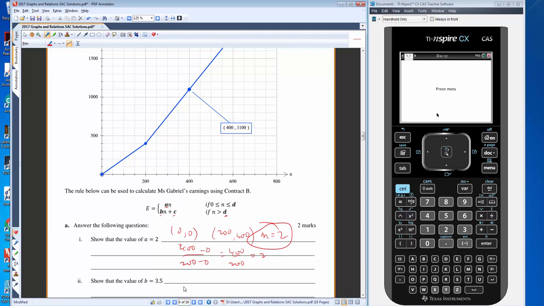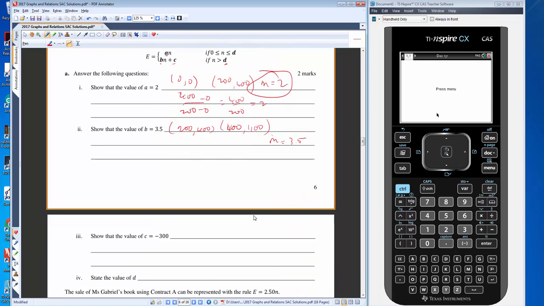Now you would have had to do the same thing for this. You would have used the point 200, 400, and this one here, which was 400, 1100, and after doing y2 minus y1 you would have found that m equals 3.5. I'm not going to do it for you in the solutions, but you needed to have y2 minus y1 there.